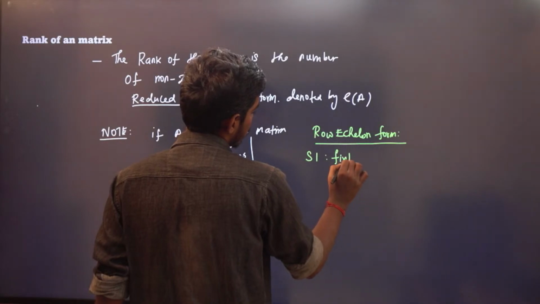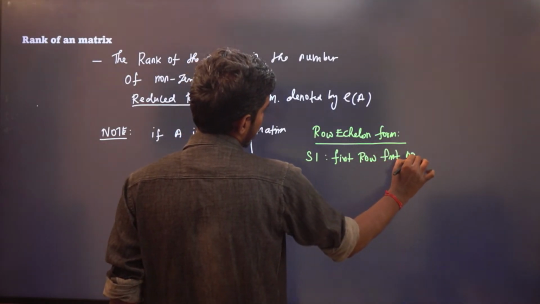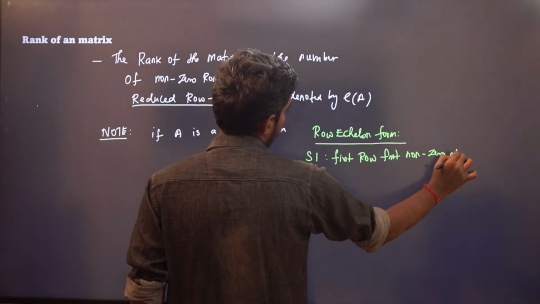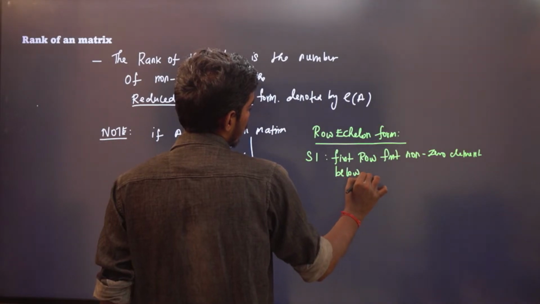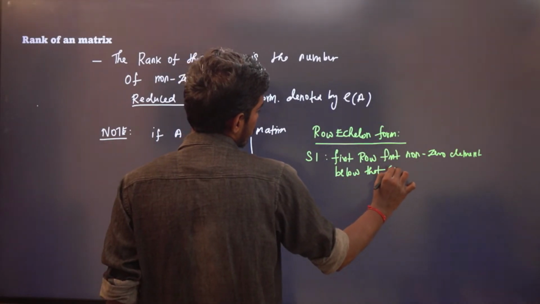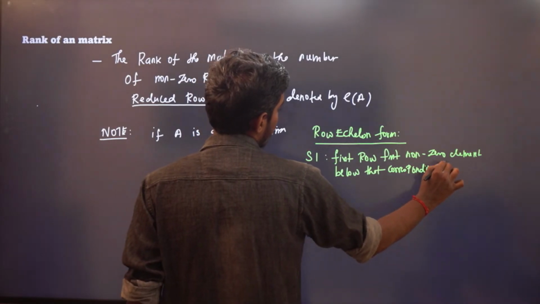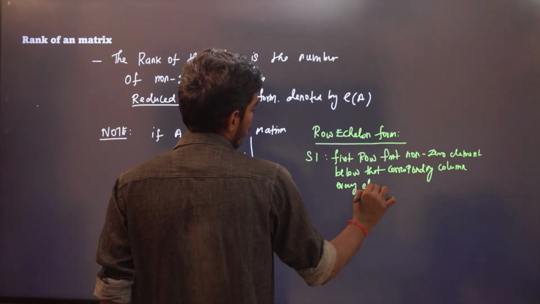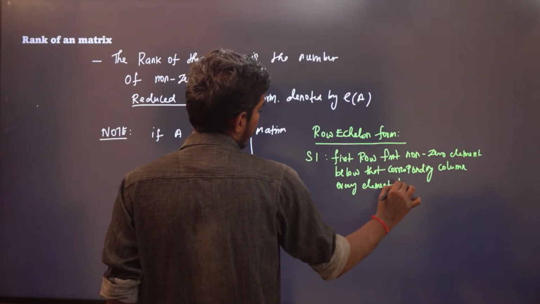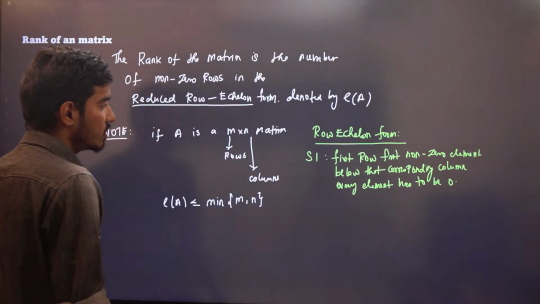First row, first non-zero element, below that corresponding column, every element has to be 0. This is the first step, right?